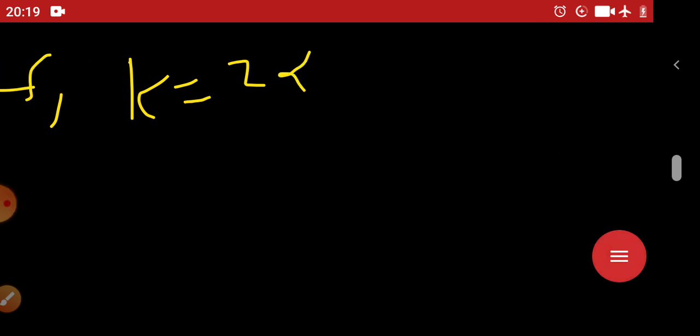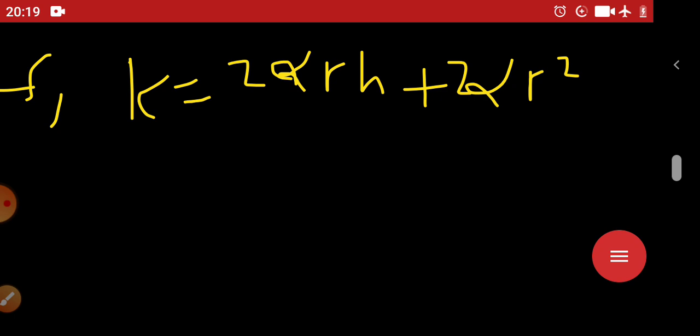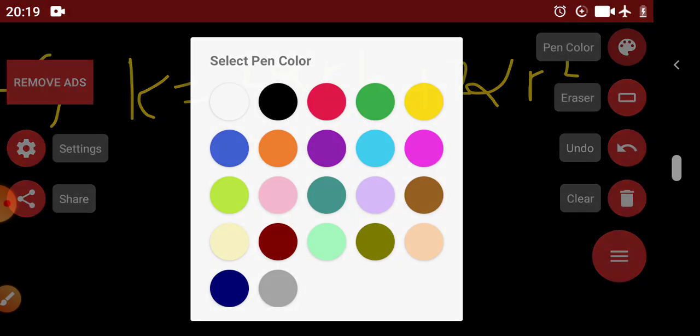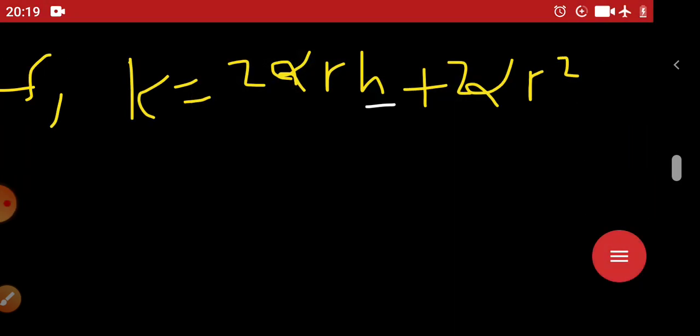K is 2 alpha R H plus 2 alpha R squared. We're required to make H the subject of the formula.